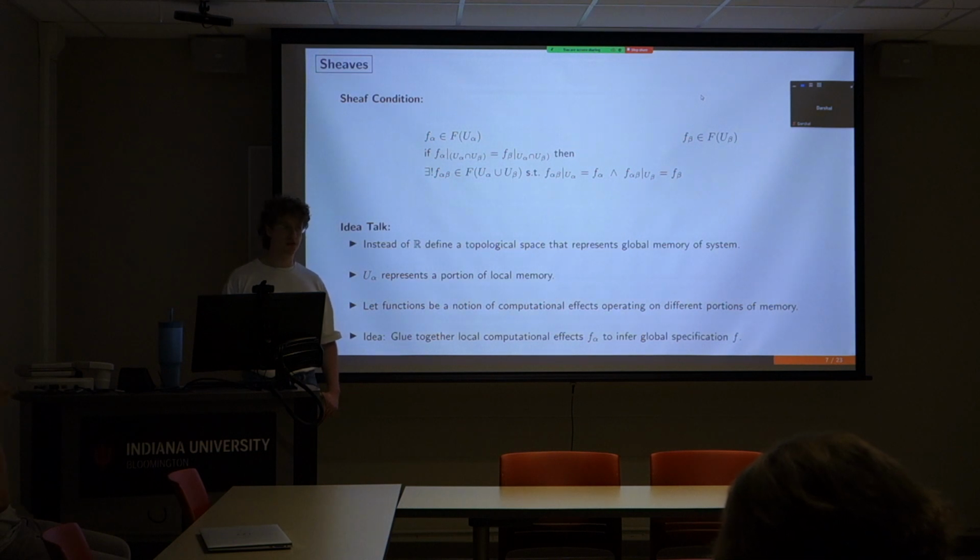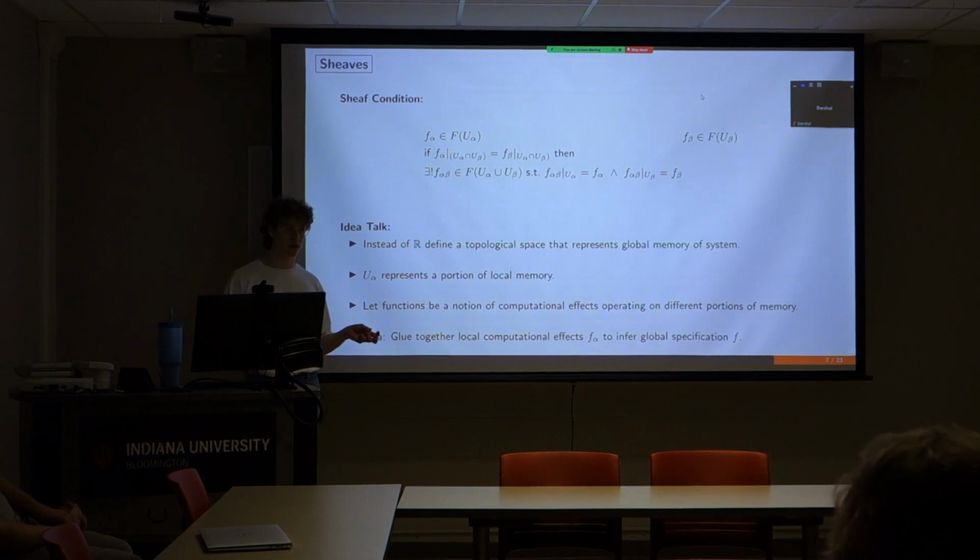If we have some cover of U, and we look at pairs of functions, so we have an open interval U alpha and an open interval U beta that are in the cover of U. If the section or the function F alpha is defined the same as the function F beta, but only restricted to the overlap of the two open intervals, then there must exist a unique section or a unique function in those open intervals combined, such that when we restrict this unique section or function to those respective open intervals, they are the same function.